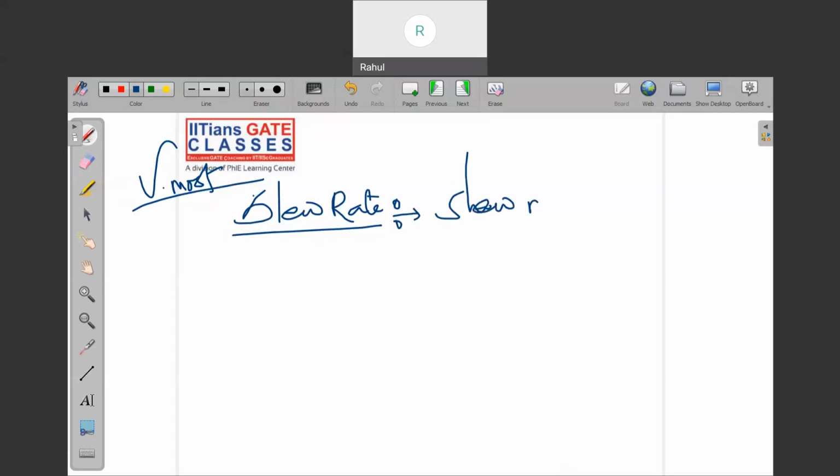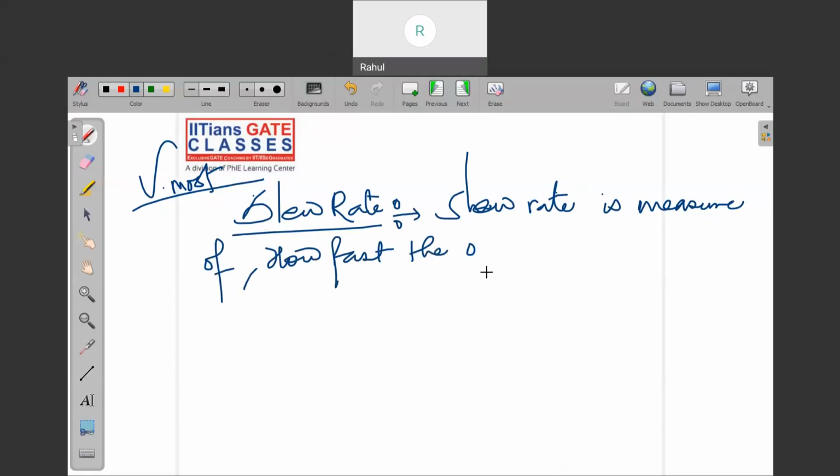Slew rate is a measure of how fast the output changes with respect to change in the input voltage.